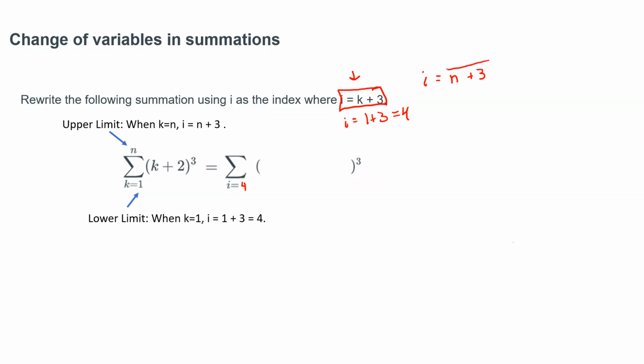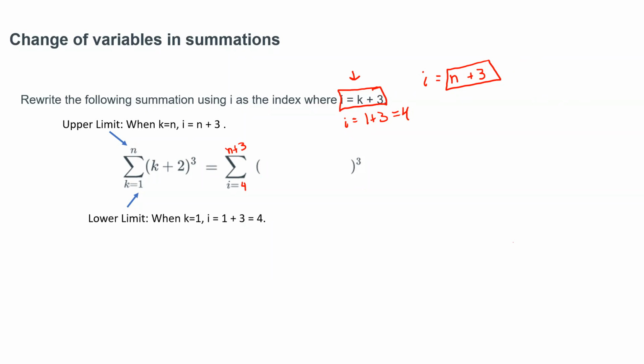And so that's what I is when K is equal to N. It's N plus 3, so we would put N plus 3 here. I have to go not just up to N now, but up to N plus 3 if I'm working with I. So I start with 4 and go to N plus 3 instead of starting at 1 and going up to N.